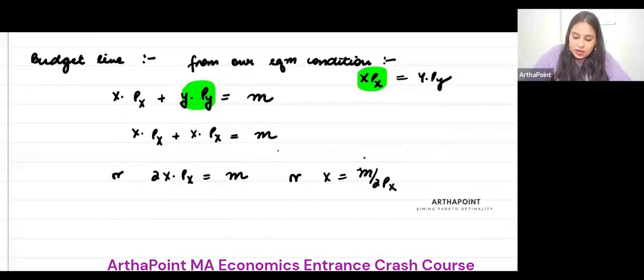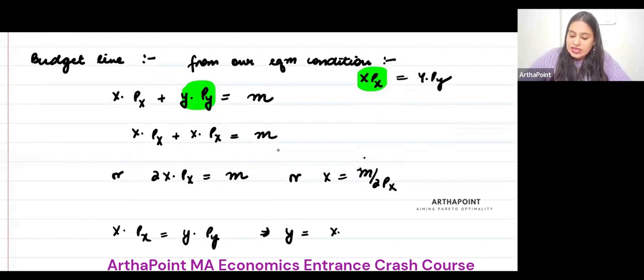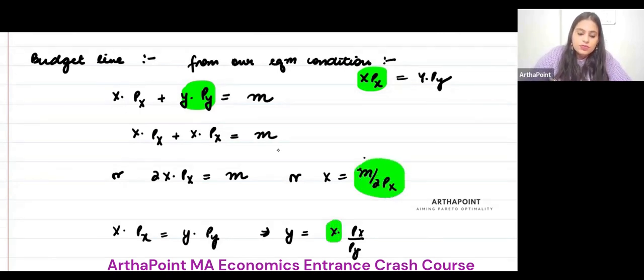Put this value back. So XPX is equal to YPY. This implies Y will be X into PX by PY. If instead of X, you write this value, you will get M by 2PX into PX by PY.